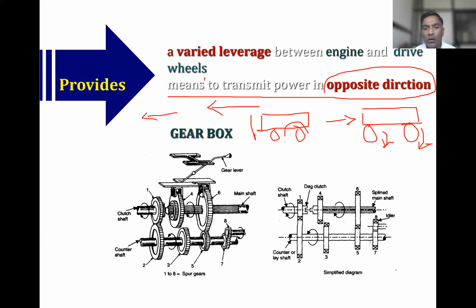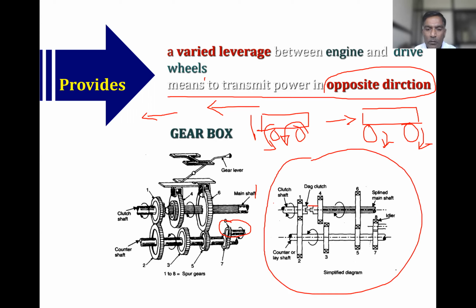One more gear, which is provided here, and that gear is called an idler gear. Now you can see this is the clutch shaft. See this simplified figure only. This is rotating in clockwise direction. This is rotating in anti-clockwise direction. This gear is in mesh with this. Am I audible?